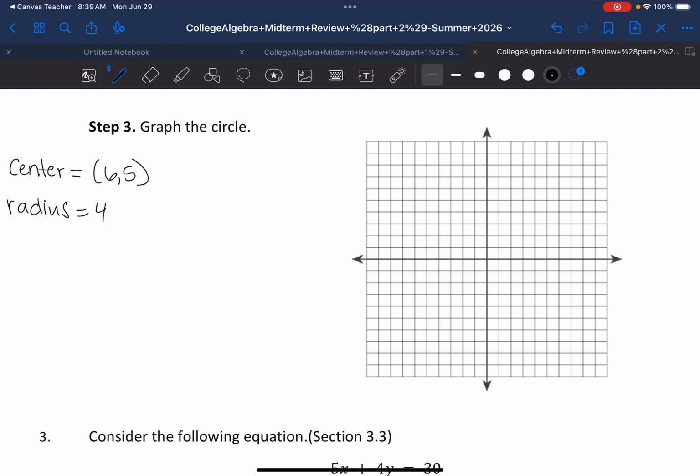So first you're going to start with the center. I'm going to go to the right 6: 1, 2, 3, 4, 5, 6, right there. I'm going to go up 5: 1, 2, 3, 4, 5. And that will be my center right there at 6, 5.